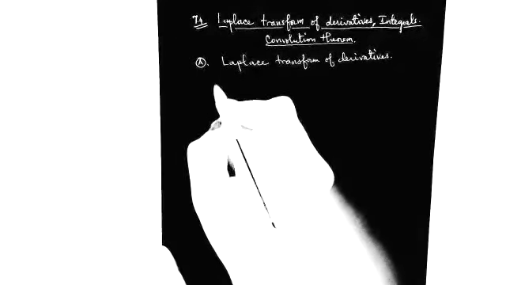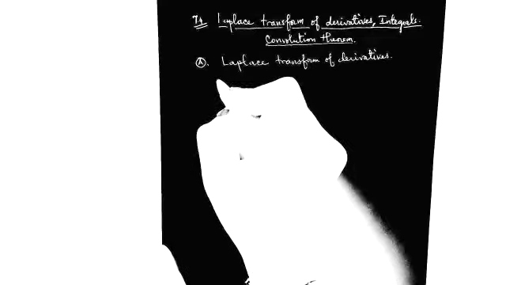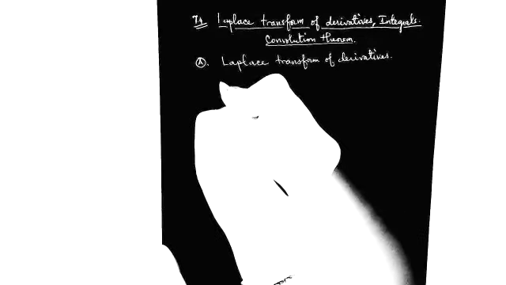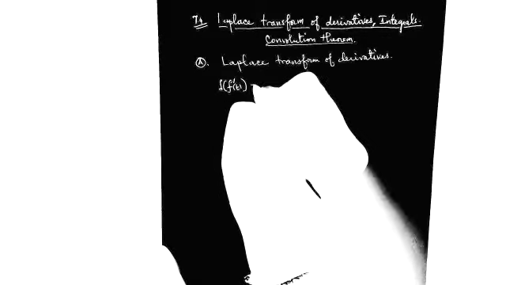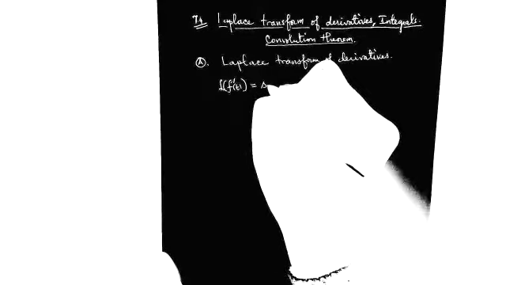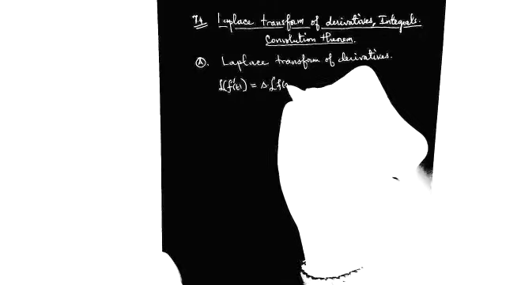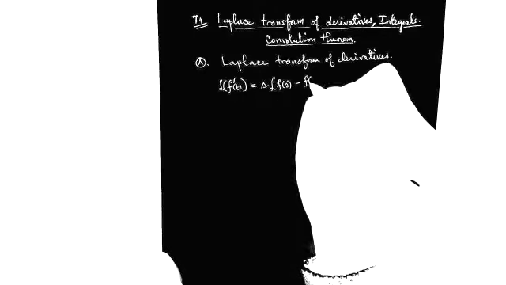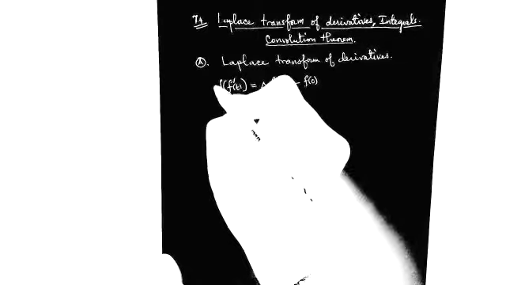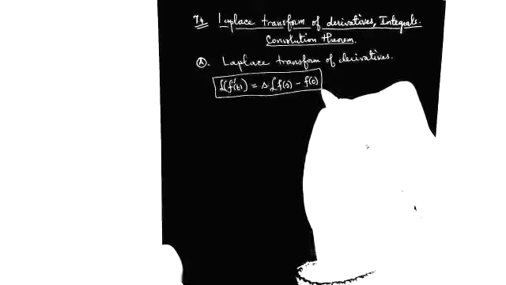So if I want to find the Laplace transform of the derivative of a function, then what I need to do is to multiply by s the Laplace transform of the function itself and subtract the value of the function at 0. That's the most important thing about that.